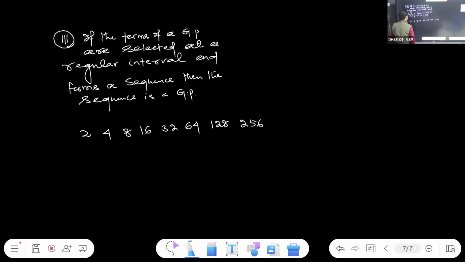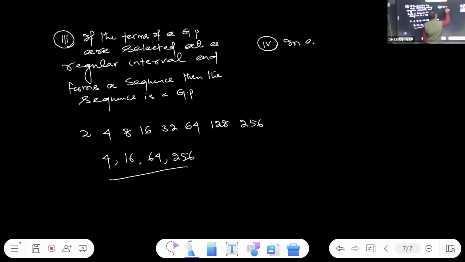So select the terms after one term, suppose 4, 16, 64, 256. So this forms a sequence and this is also a GP. The terms of a GP are selected at a regular interval and form a sequence, then the sequence is a GP.